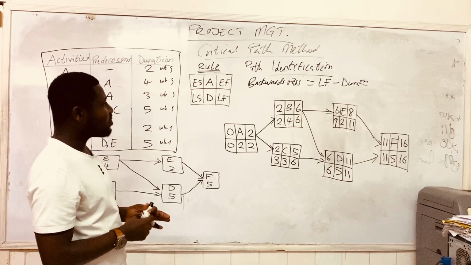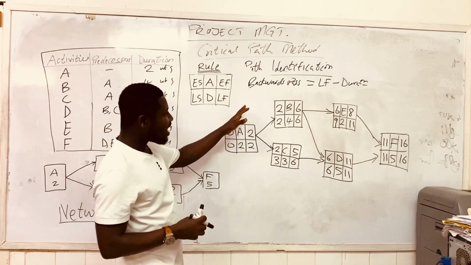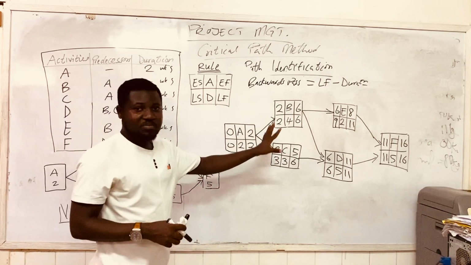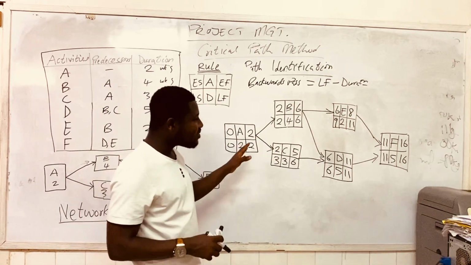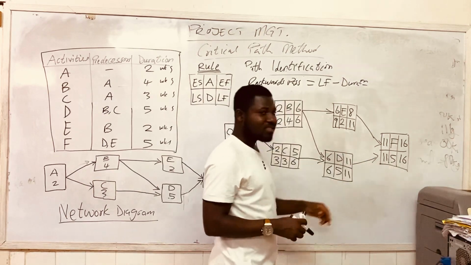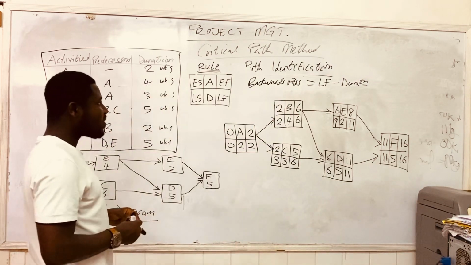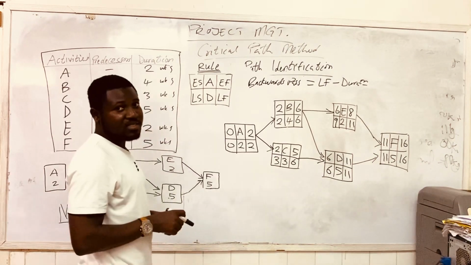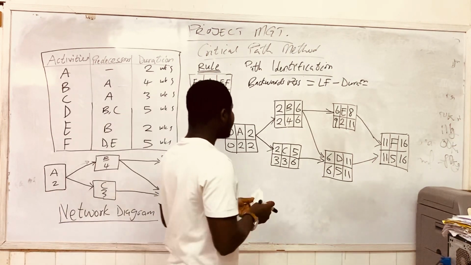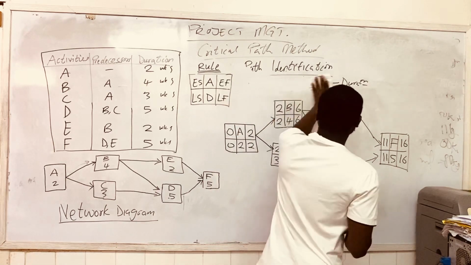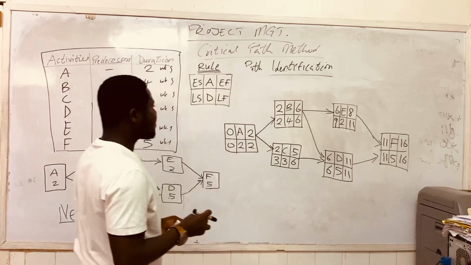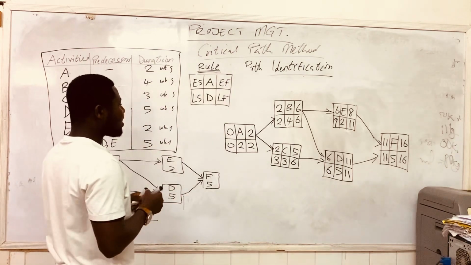So we have actually calculated, as per this diagram, the forward pass, which gave us 16, right? Now we are going to work on our slack.